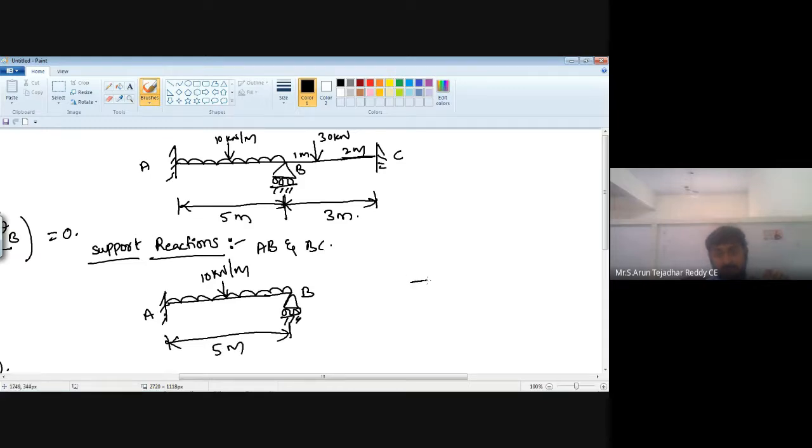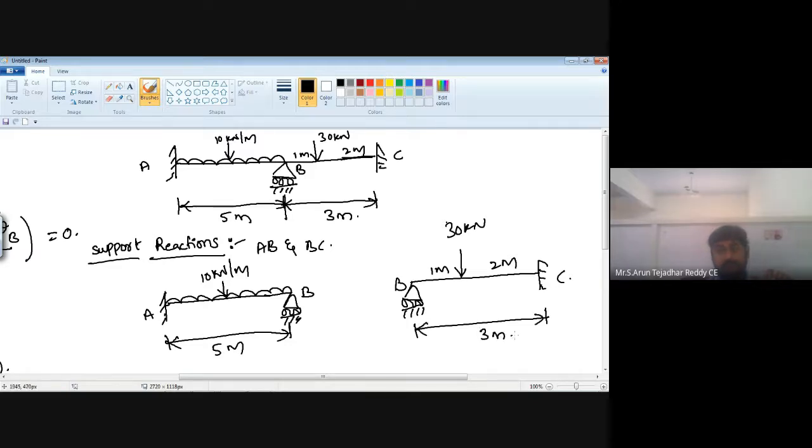Next, BC. It is B and here it is C. Load is 30 kilonewton, 1 meter, span 2 meter.